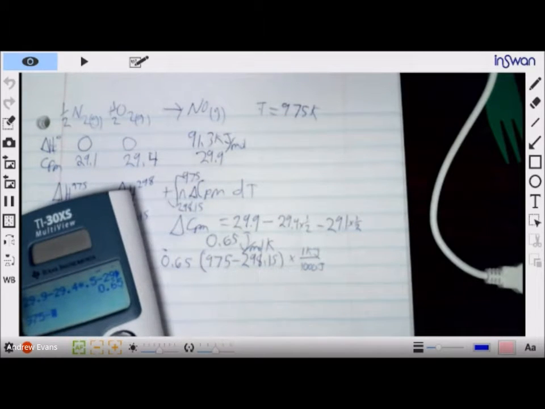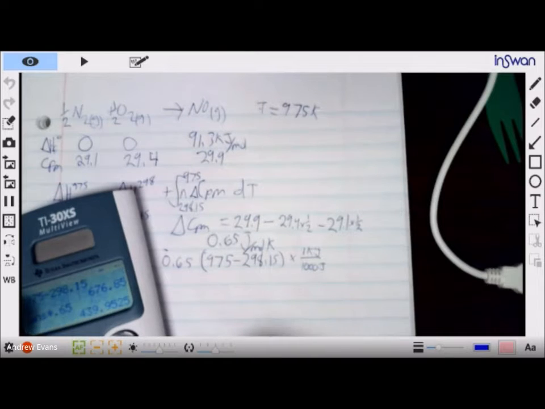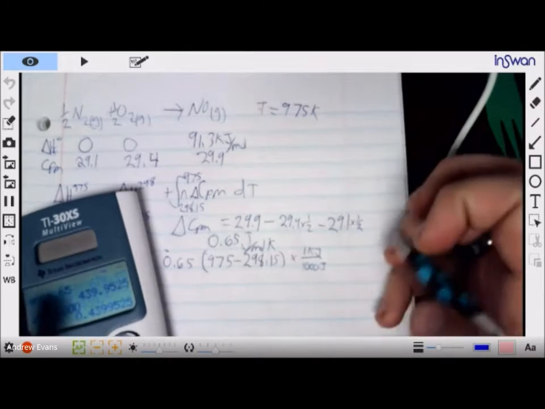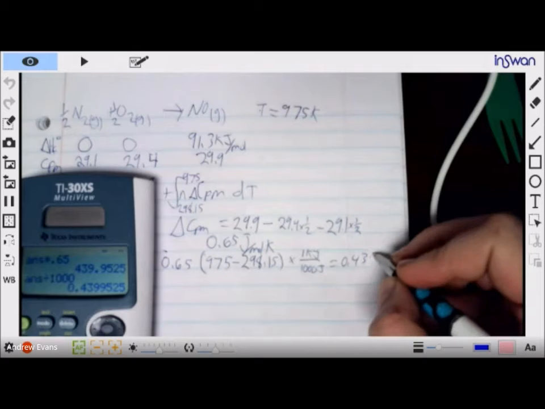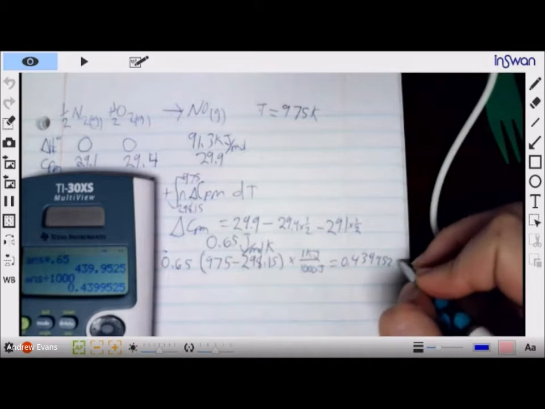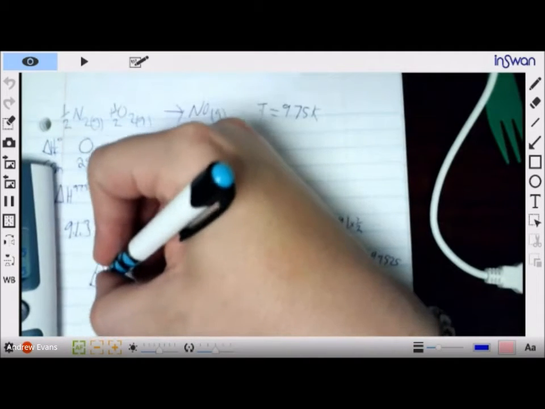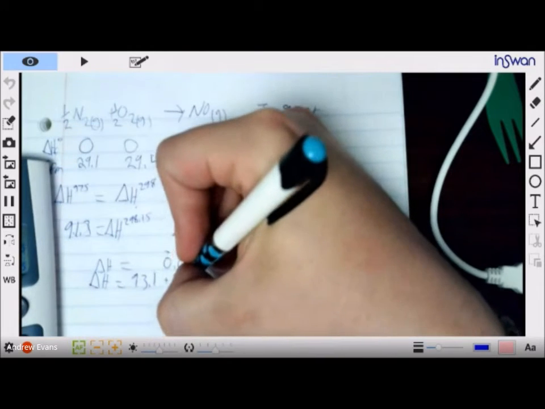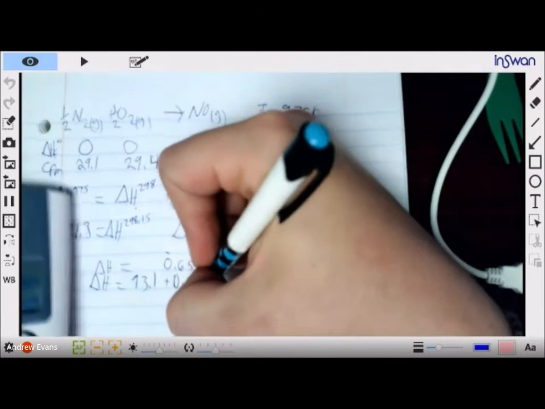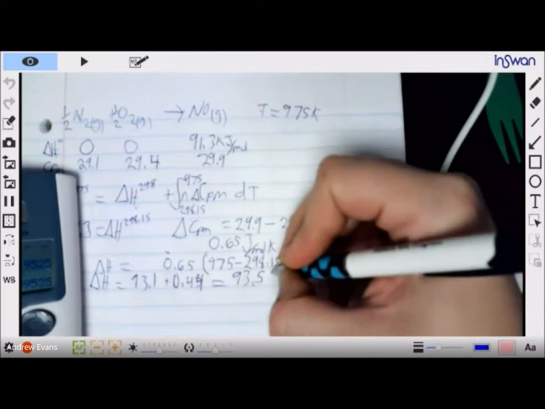The difference between 975 and 298.15 is 676.85. Multiply by 0.65, divide by 1,000. Means this effect is essentially 0.43999525. Adding this onto our delta H, 93.1 plus 0.44, rounds up to really 93.5 kilojoules.